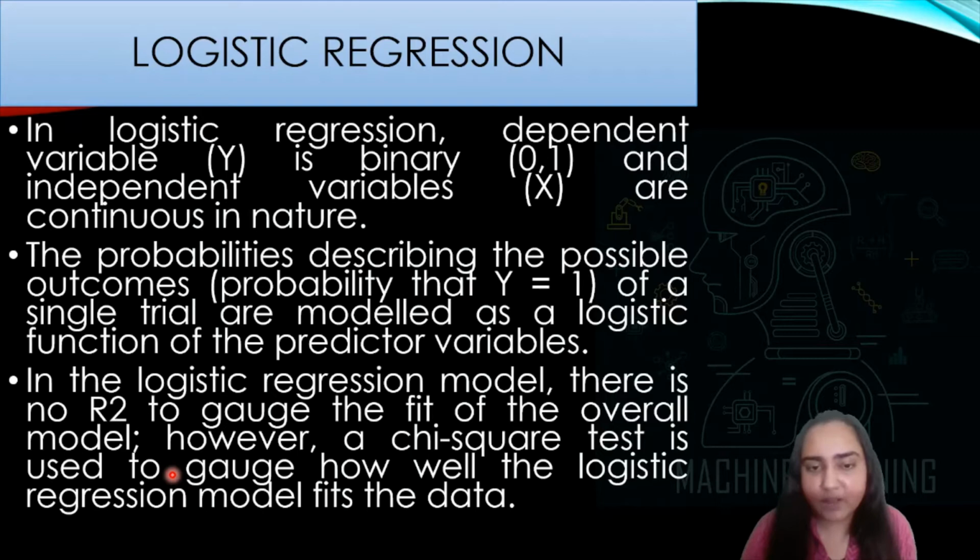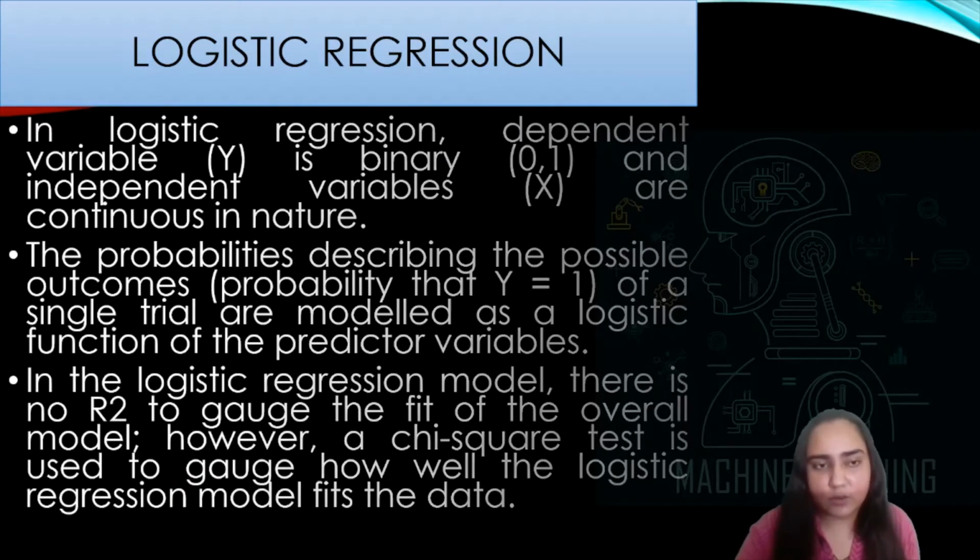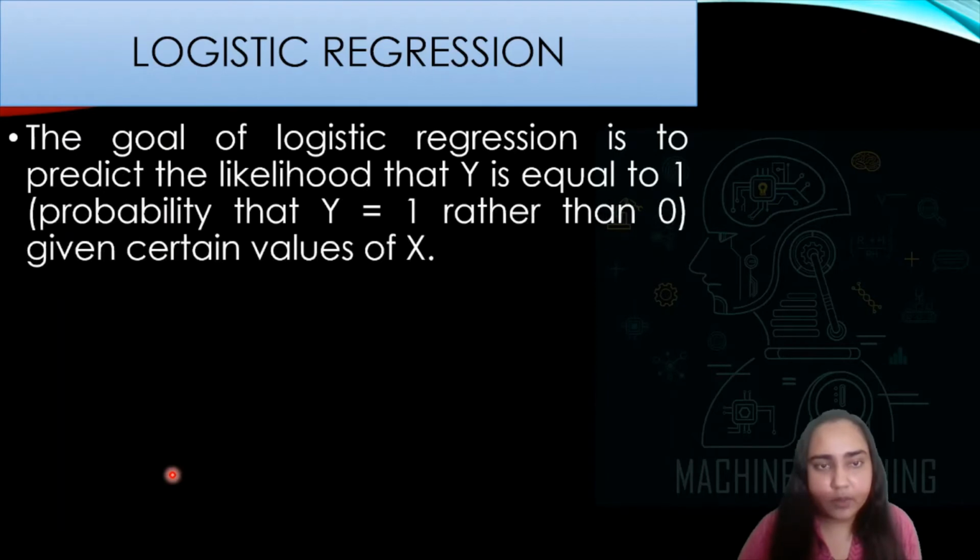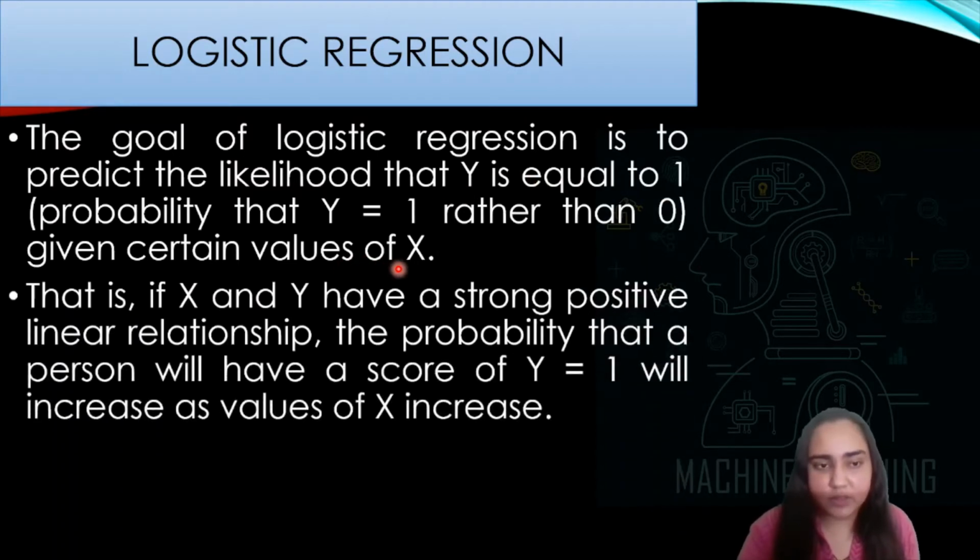But you do have something called a chi-square test in order to check if the logistic regression model fits the data properly or not. So there is a chi-square test, but there is no R-square test, no mean squared error to check the accuracy. The goal of logistic regression is to predict the likelihood that y is equal to 1 instead of 0, given some values of x.